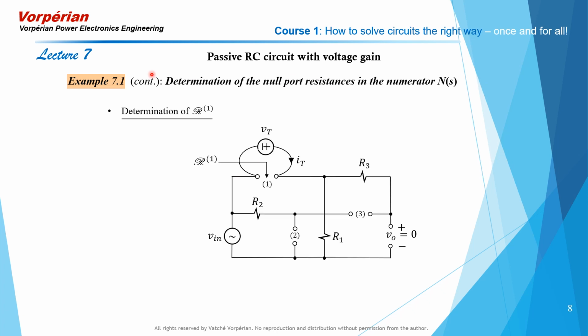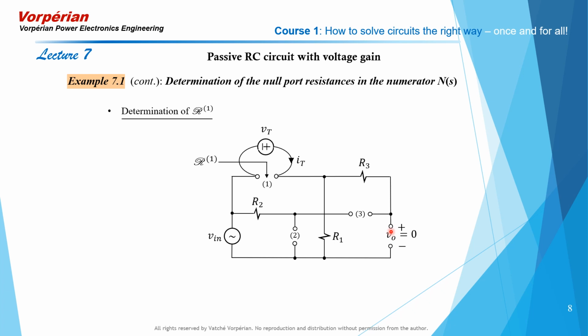We now proceed with the determination of the null port resistances in the numerator N of s. We begin with the script R1, which is the null resistance looking into port 1 with the response V naught nulled, and each of the other two ports 2 and 3 in its reference state. Recall that you can always null a response with two excitations by setting the magnitude and phase of one of the excitations with respect to the other in such a way as to cancel the contribution of the other source to that response.